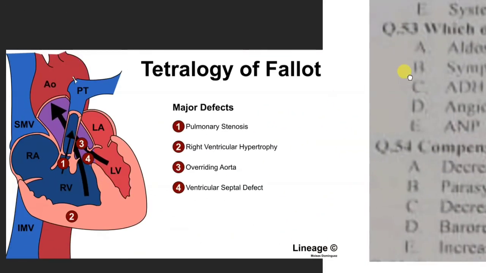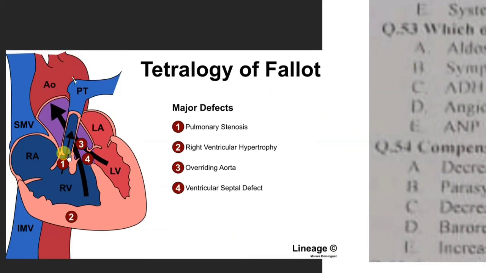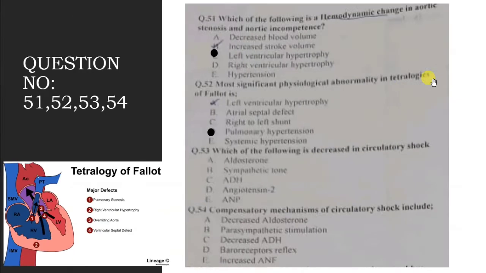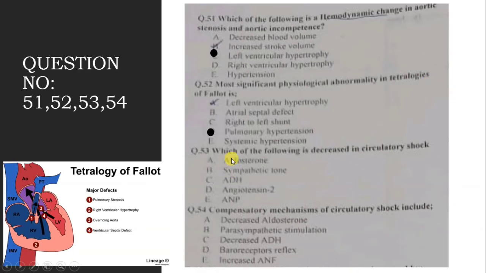So pulmonary stenosis, as you can see here, is a narrow opening into the pulmonary trunk. So the heart needs to pump harder in order to pump blood into the pulmonary circuit. That is due to the pulmonary stenosis, which also causes the pulmonary hypertension.